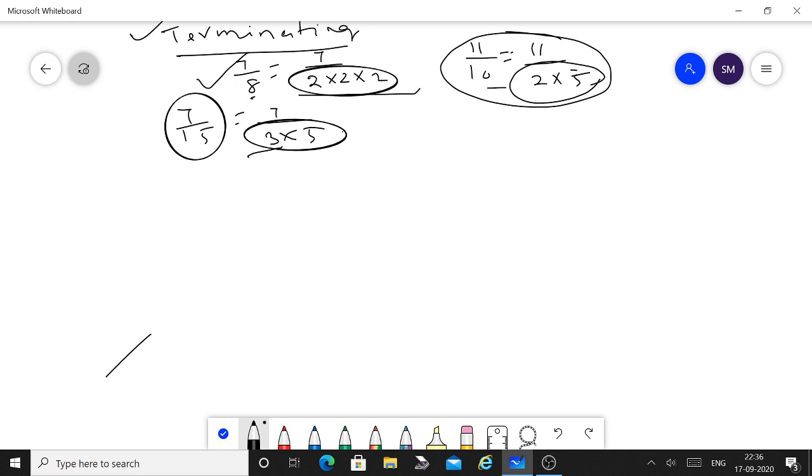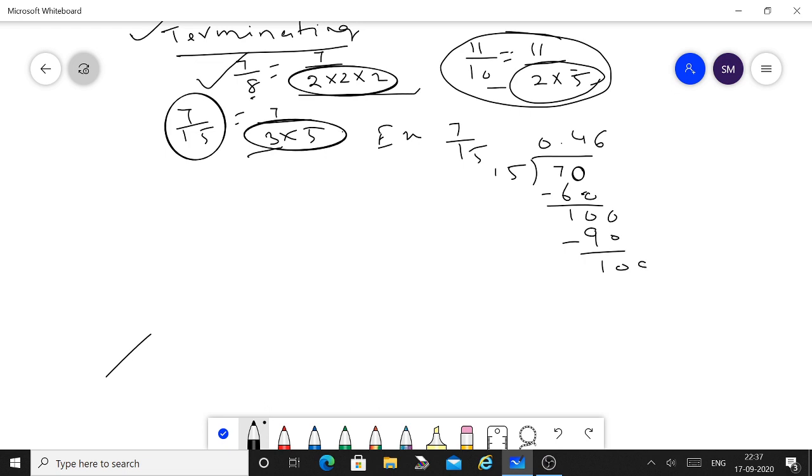Okay, look here. Suppose you have to represent 7 upon 15 in decimal form. Put 0 here, then the decimal point. 15 4s are 60, then 10, then put 0. 15 6s are 90, then 10 0. 15 6s are 90.